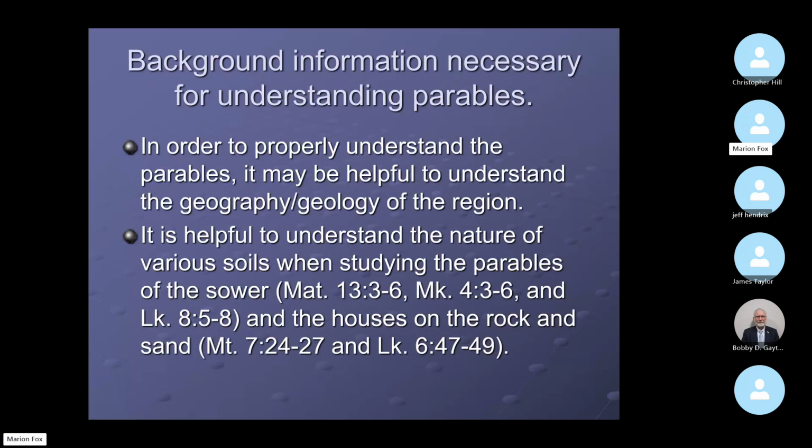So when you look at that, you need to understand a bit about soil. And I think it's been misunderstood by some. And the houses of the rock and the sand, the wise man builds his house on the rock and the foolish on the sand. So that's kind of a bit of geography, geology.